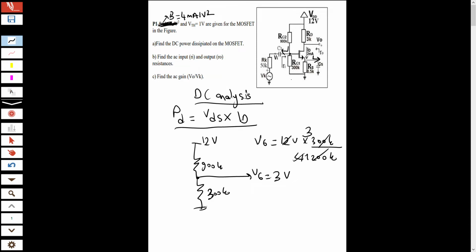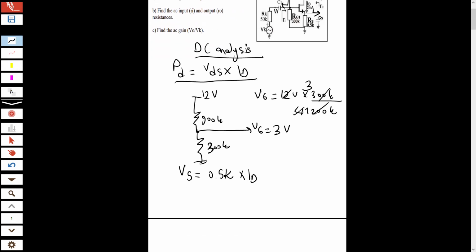So if I know V gate, how can I find V source? I know beta, but I need V source, and V source equals 0.5k times ID. So here I will write equation like this.